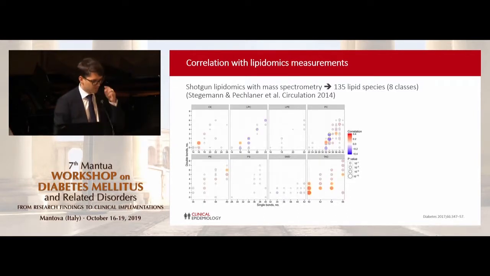It's very difficult to think about how to present these kind of data effectively, because you have so many different lipids, right? But we thought we'll do it that way. You can see here, these are the 8 different classes, and then you can distinguish between lipid species according to the number of single bonds and the number of double bonds that you can find in them.